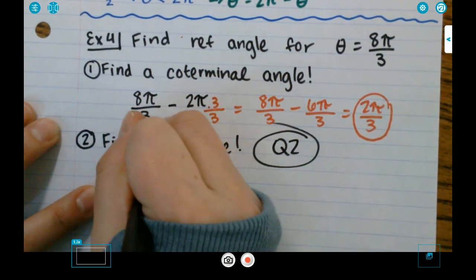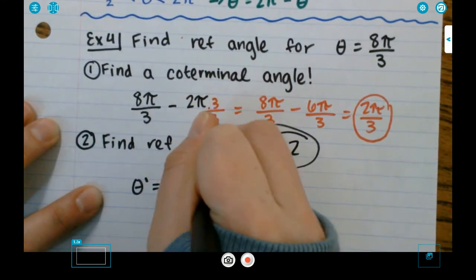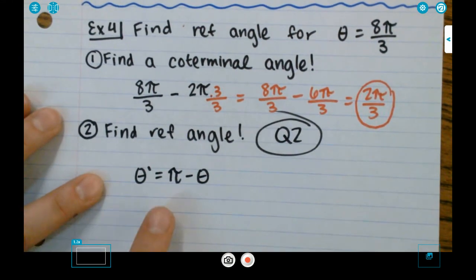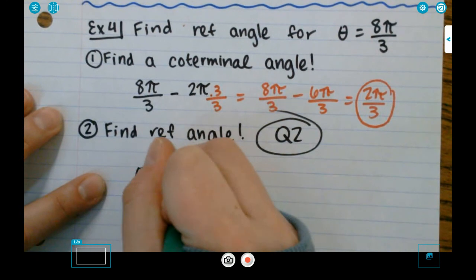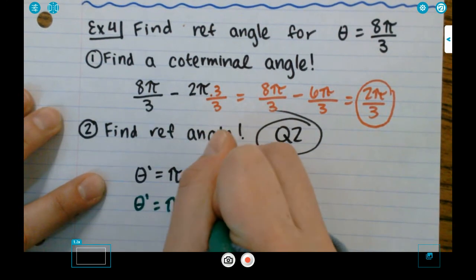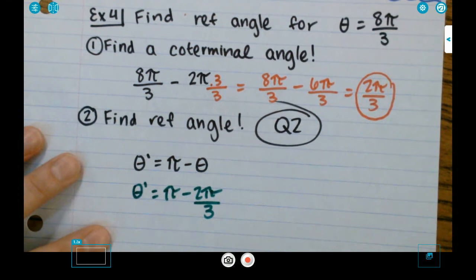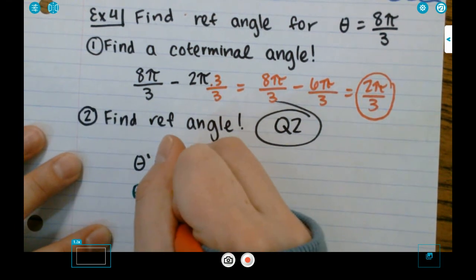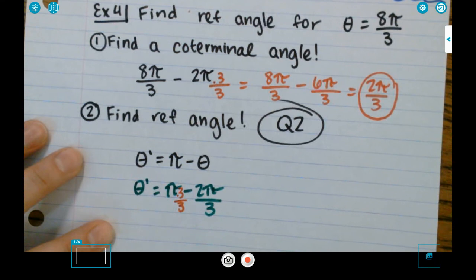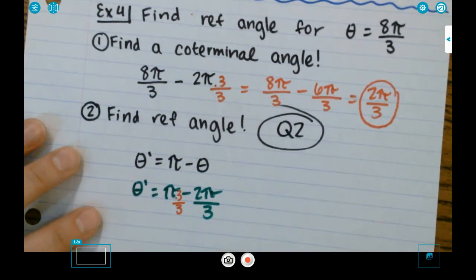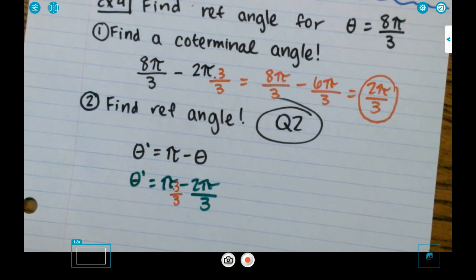So theta prime equals pi minus theta. So now we can do pi minus 2 pi over 3. You can either multiply by 3 over 3 and get 3 pi over 3 minus 2 pi over 3, or you can say to yourself, how far away from a whole pi is 2/3 of a pi? 1/3 of a pi.